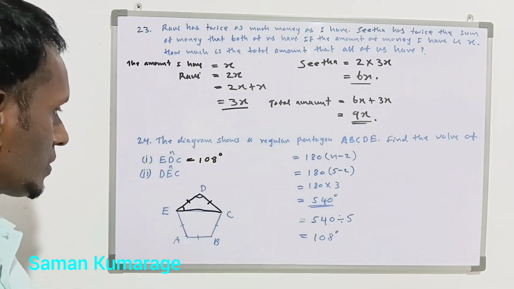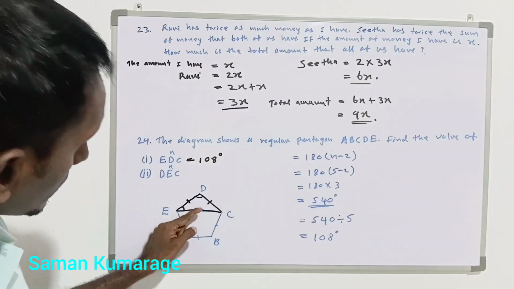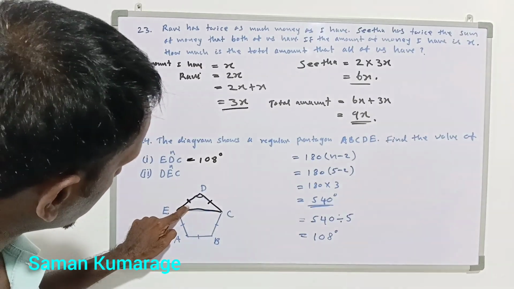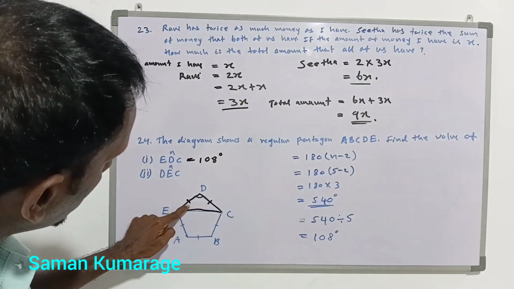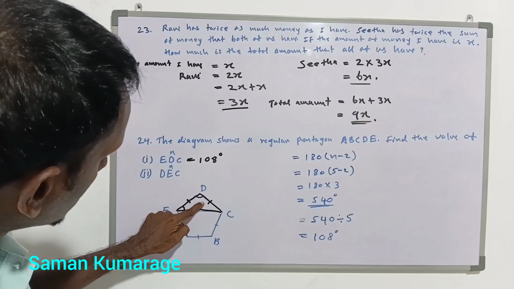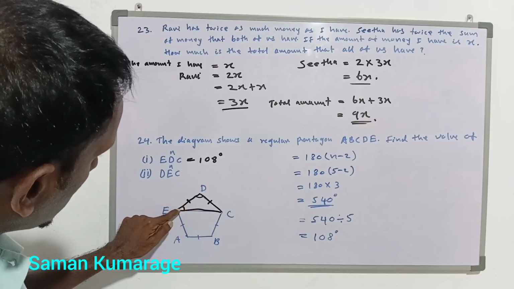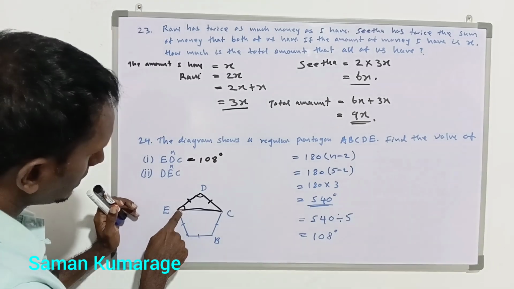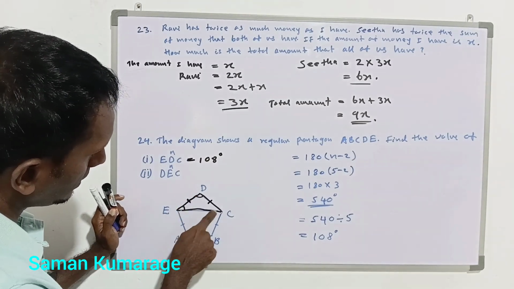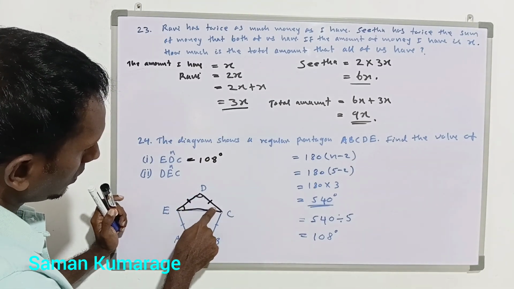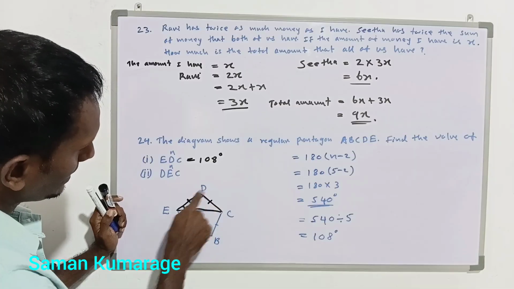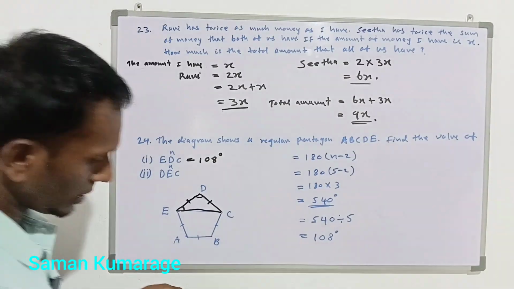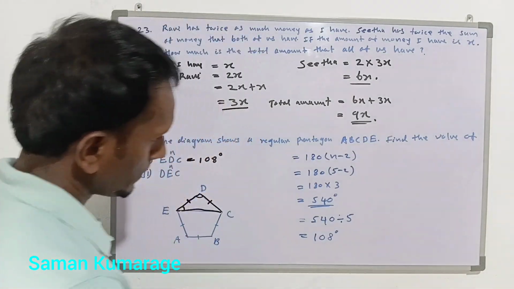So in an isosceles triangle, the angles opposite equal sides are also equal. This angle is located opposite DC and this angle is located opposite ED. Therefore, we can write an equation like this.